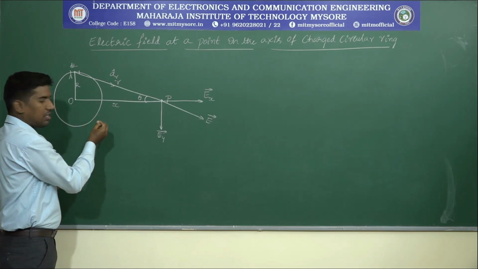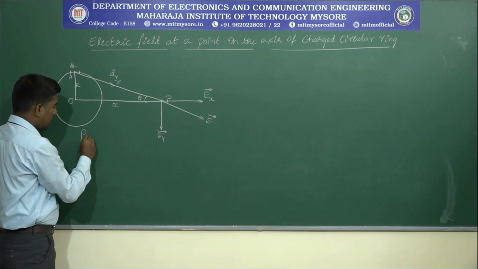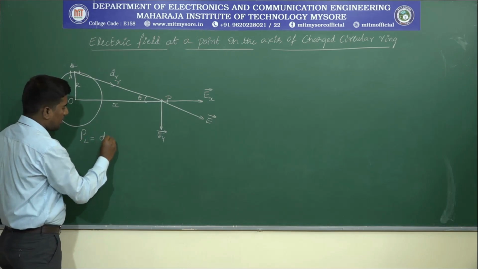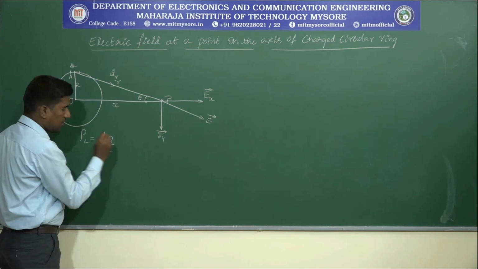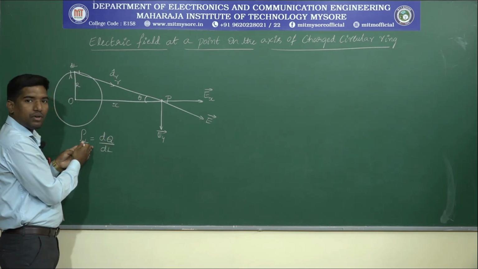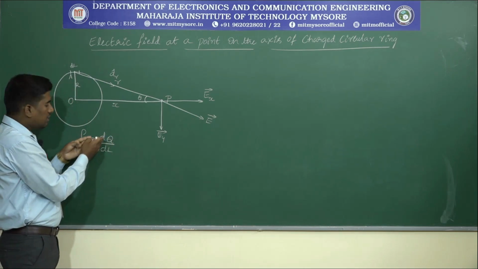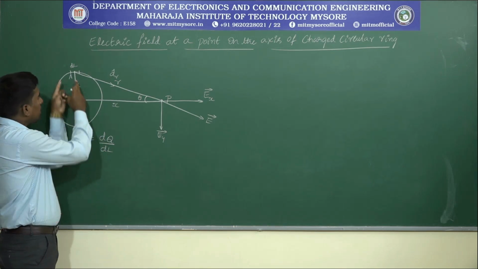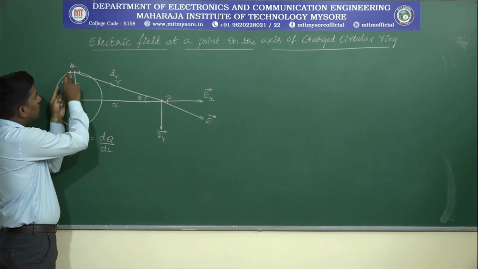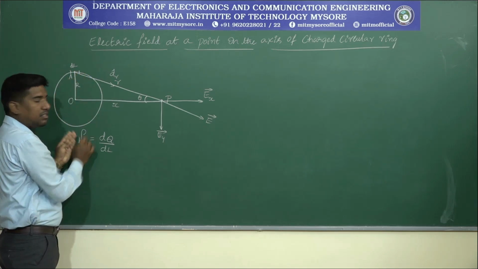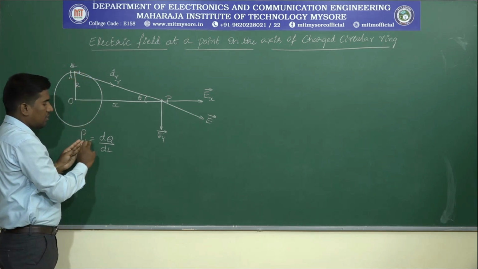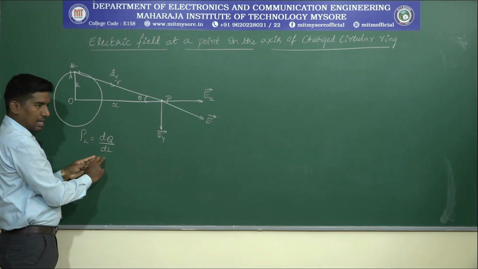The line charge density rho L is given by dq divided by dl, because according to the definition of line charge density, it is charge per unit length. We are considering the elementary charge at this elementary length dl, hence rho L is equal to dq by dl.